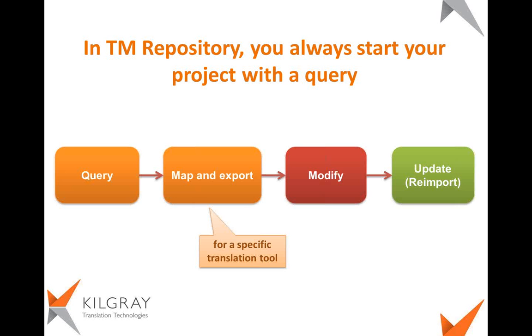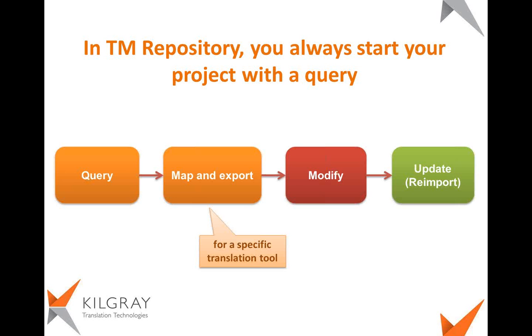In Trados, you need to indicate the type of attribute of a descriptive field in the name of the descriptive field, which is not done by TM repository or MemoQ. So mapping means that you convert the descriptive fields into a form that is consumable for the translation tool that you plan to use.